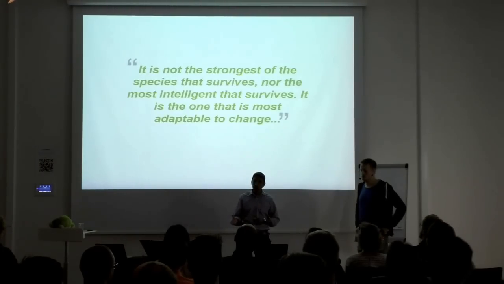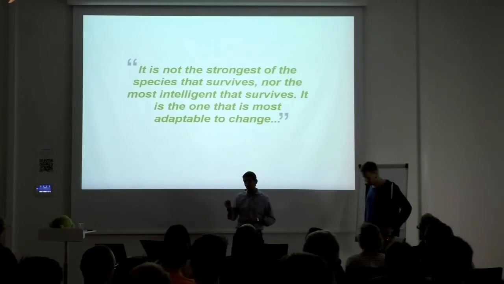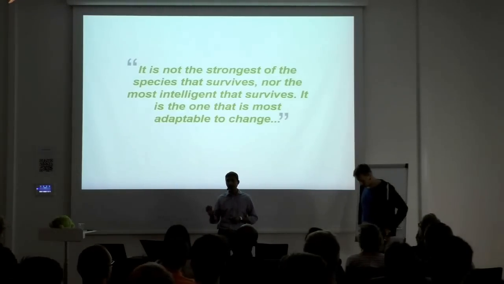And it's not the strongest of the species that survived. The species that survived in evolution are those that are adaptable to change. Adaptability to change is a key characteristic for any species. And this is true not just for evolution, it's true for business, and it's true for technology.